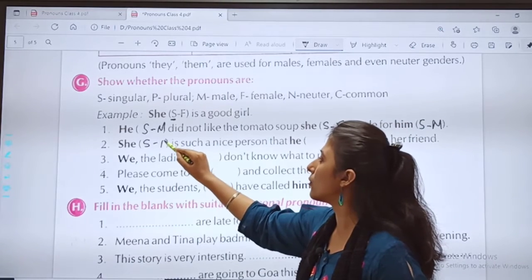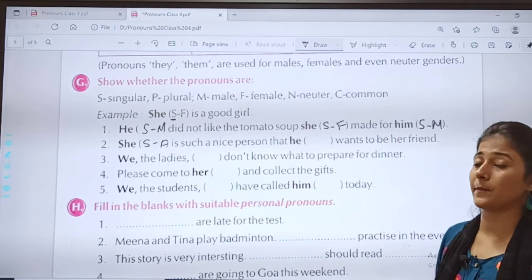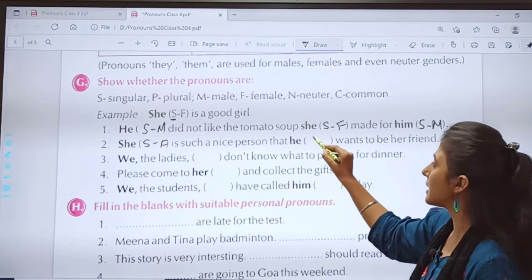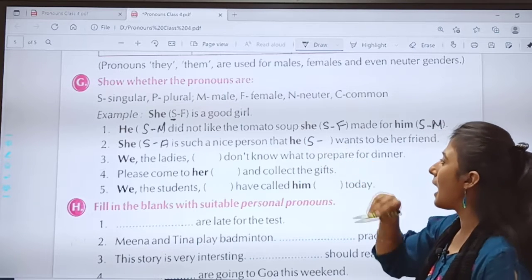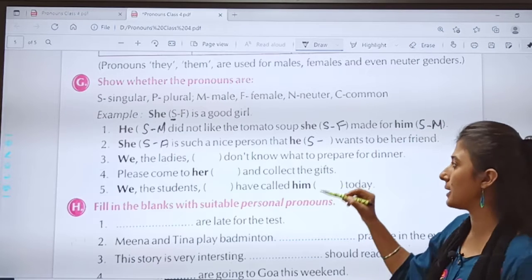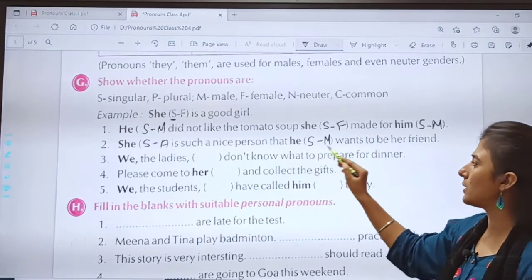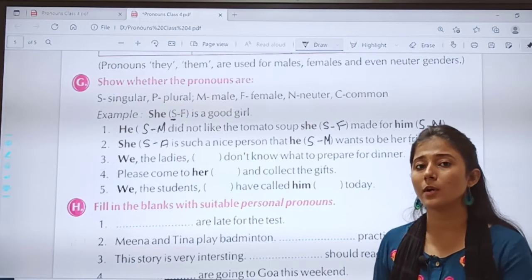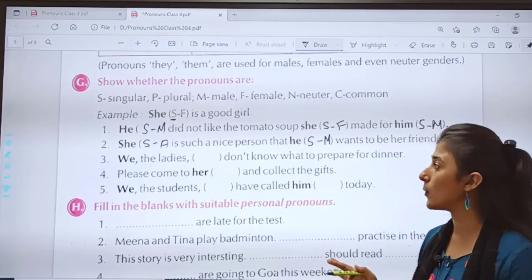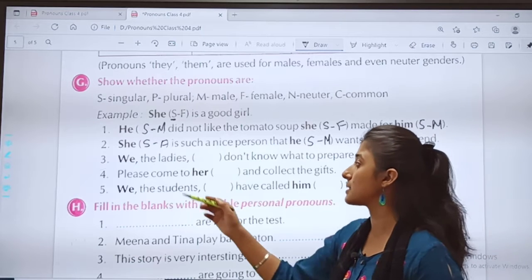So F. Then he. He is also singular and belongs to masculine. So you will write M. Then no other word is written in bold. So we will move towards our third sentence.